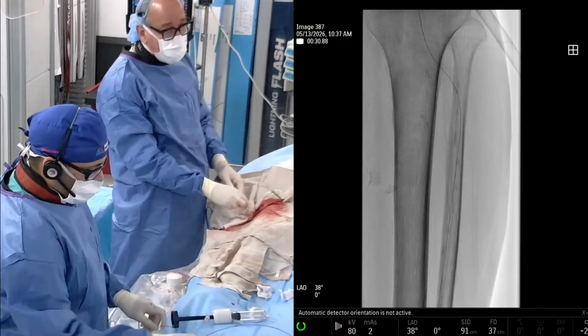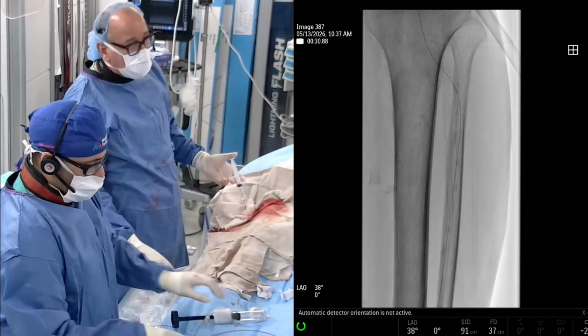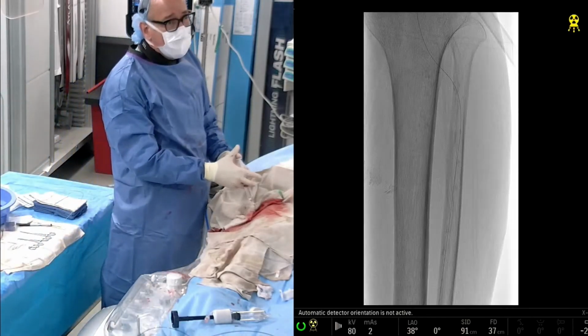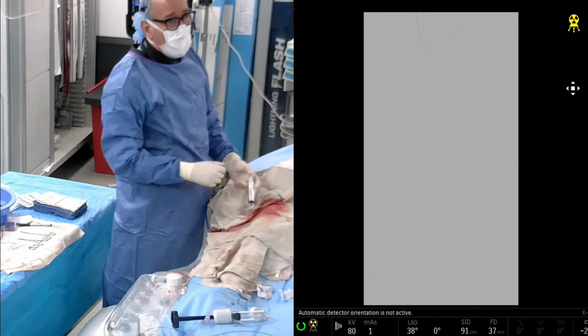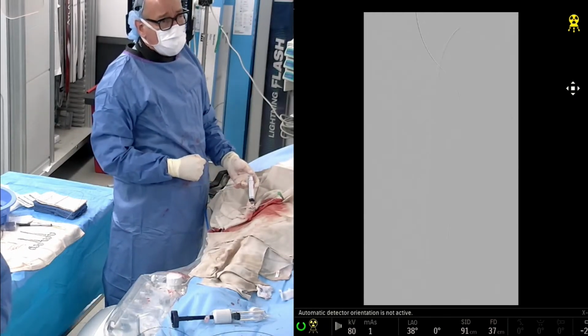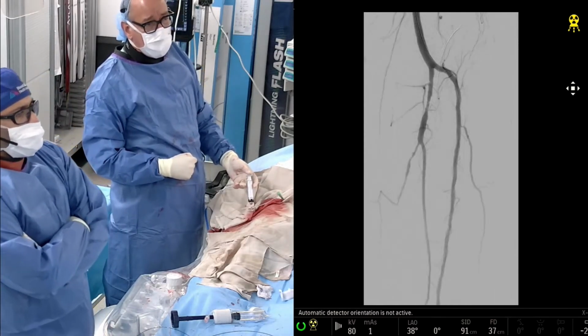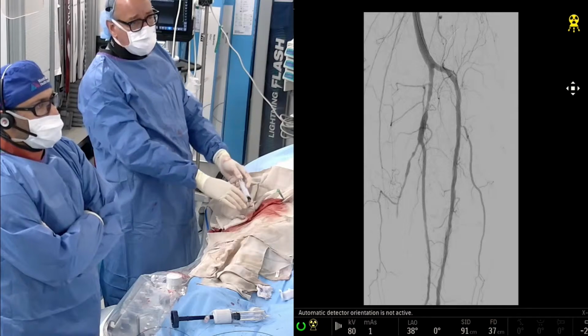And I think that gives you different options. It really sort of takes the technology to a different level in terms of operator control and the ability to sort of program it to benefit the patient that you might have on the table. All right. So I think that proximal part looks really good.